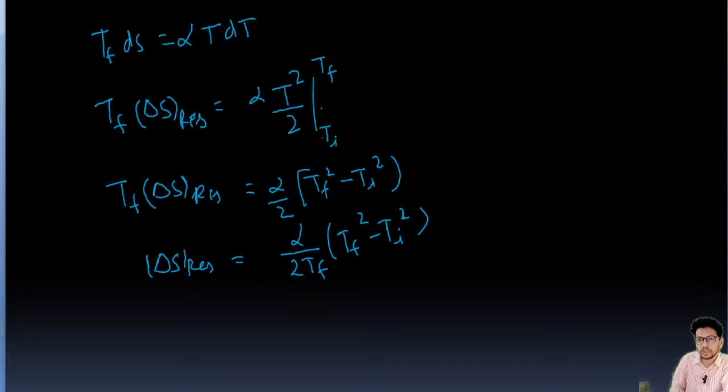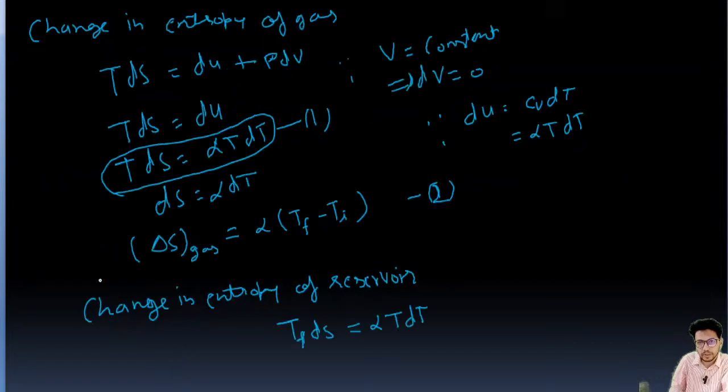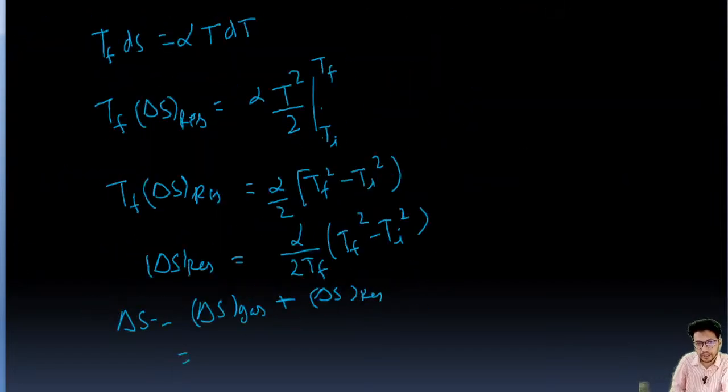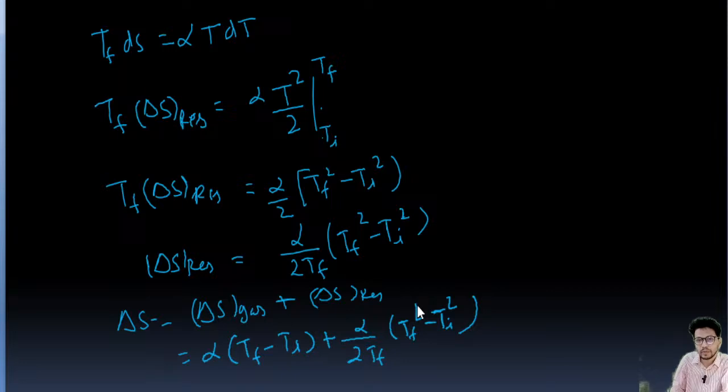The total change in entropy delta S is going to be delta S gas plus delta S reservoir, okay? So for the gas this is alpha Ti over Tf minus Ti, plus for the reservoir alpha upon 2 into Tf square minus Ti square.